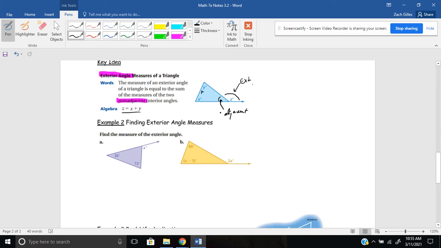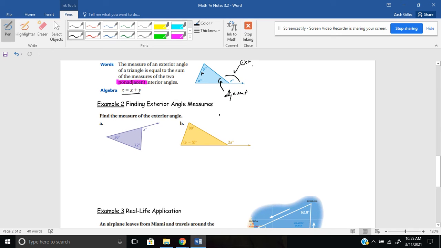Okay, let's go over an example with that. It says find the measure of the exterior angle. Well, x is equal to the two non-adjacent sides added together. Well, this is the adjacent side. This is the angle that's next to x.